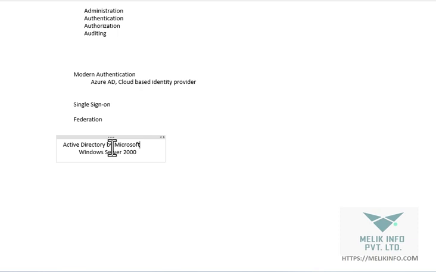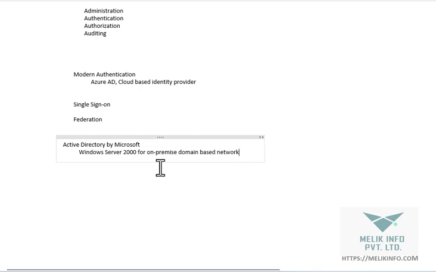It is an on-premise domain-based network used for managing your devices on the local network, or you can say on-premise network.